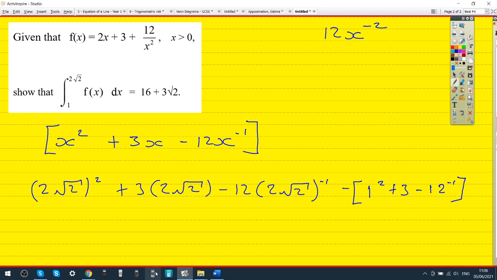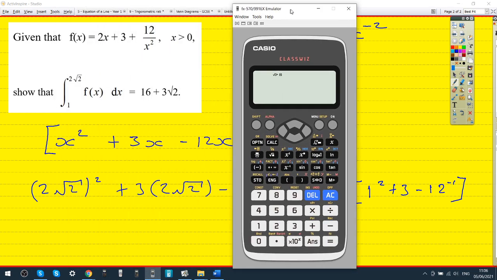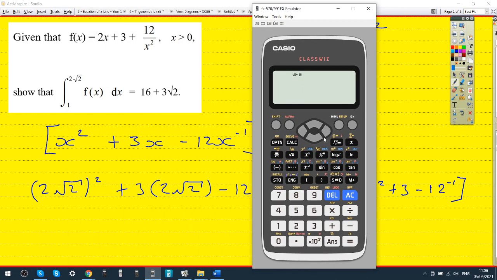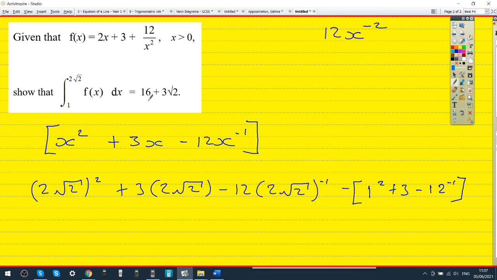However, I hear you tap it. Yeah, that'll work out. What you can also do is press the integration button, it'll save you some time. Oh, no, sorry. We can't, because it says show that this is equal to this. So they gave us the answer.